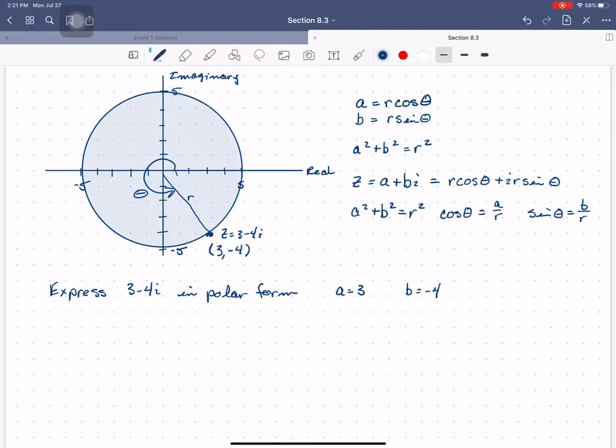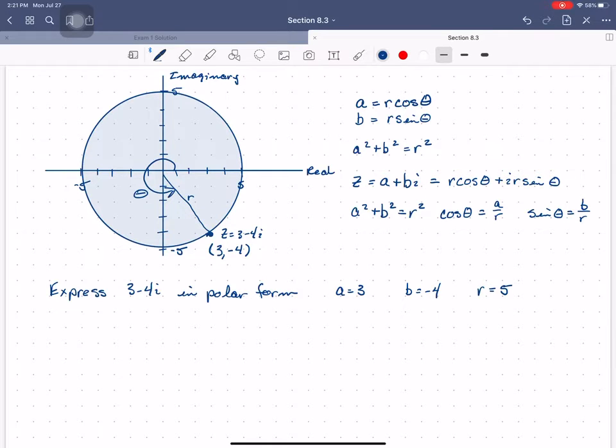If I do the work, I can get to r equals 5 fairly quickly. 3, 4, 5, that's a Pythagorean triple. You can get there from a squared plus b squared equals r squared relatively quickly. So we've done this before. We did this with this point in the Cartesian coordinate plane, right? So we know r equals 5.